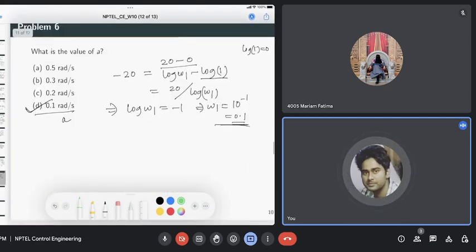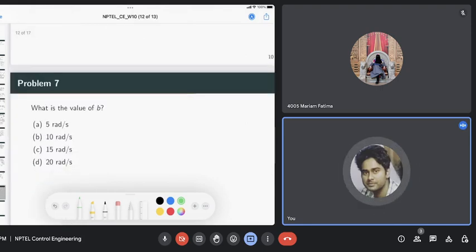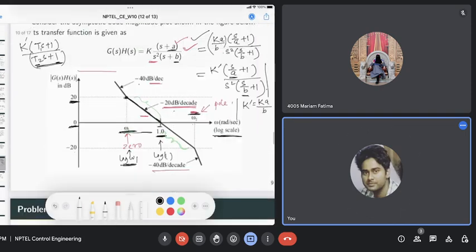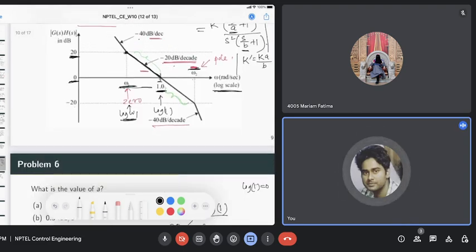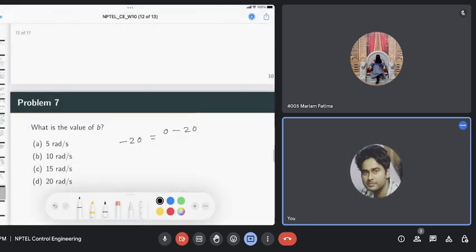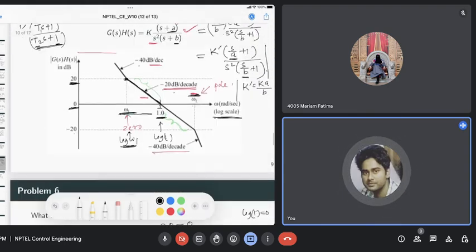Again we just use the slope formula. The slope is minus 20, because the slope is minus 20 dB per decade in this region, and the two y points are 0 and minus 20. The corresponding x values are 1 and omega 2, and because of the log we will take the log of that.